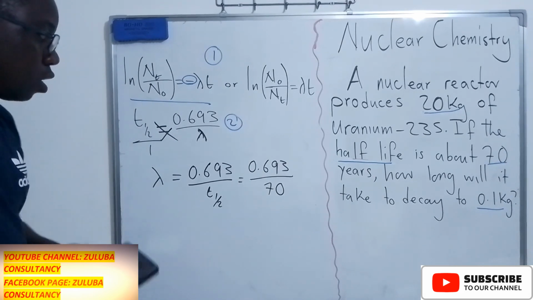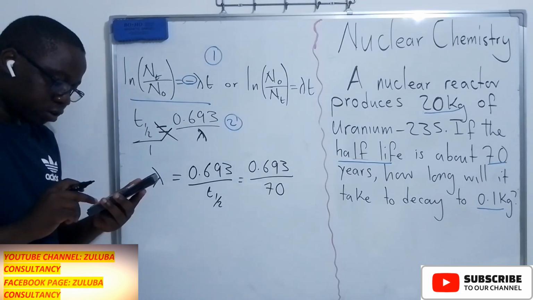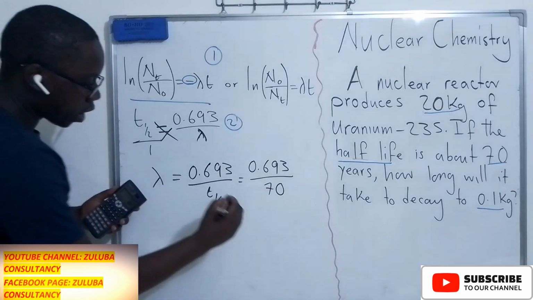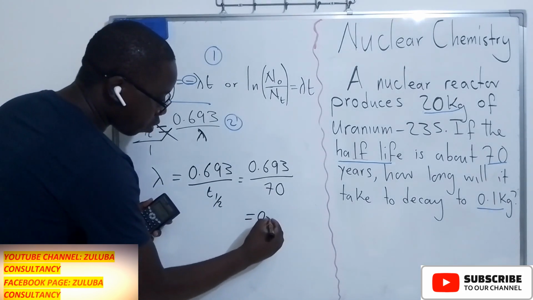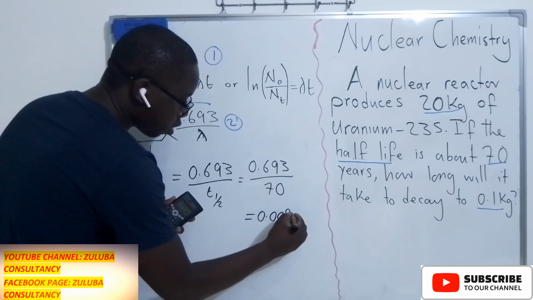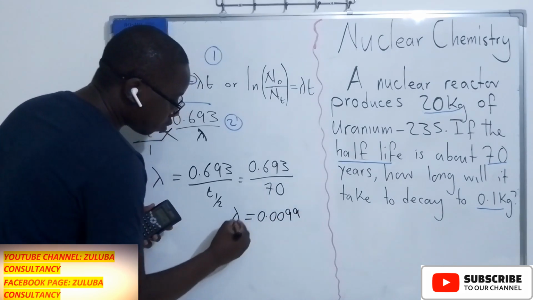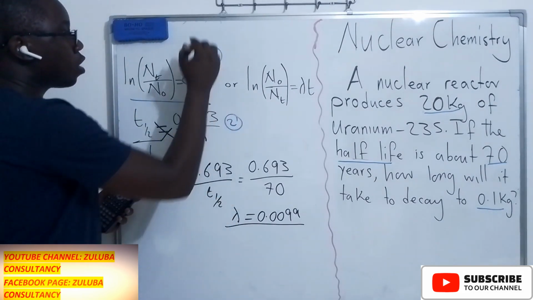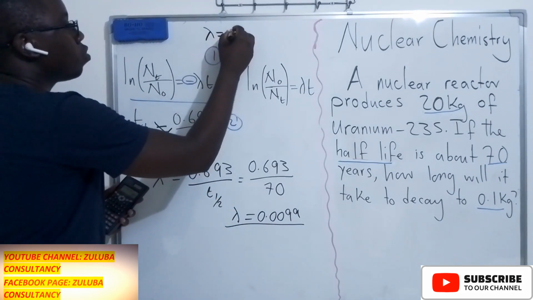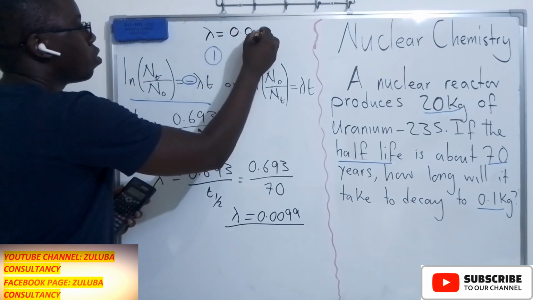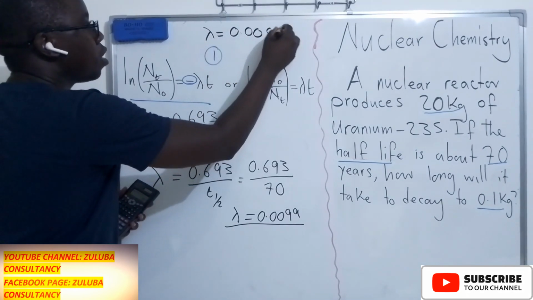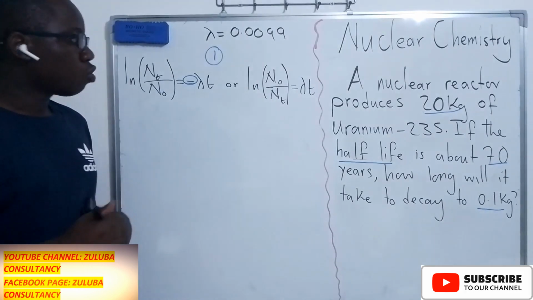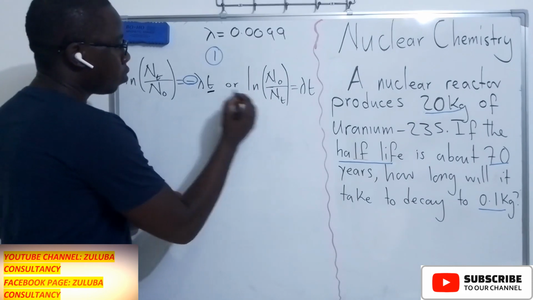So let's divide 0.693 divided by 70. We are getting 0.0099 as the rate constant. We now have the rate constant, so let's find the time t.